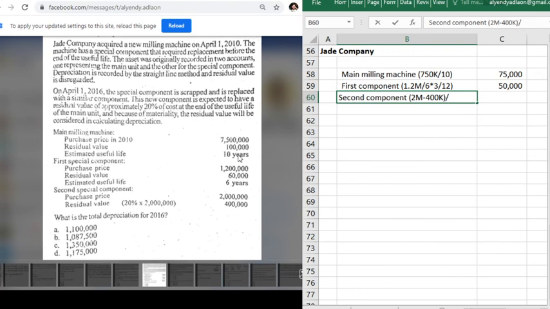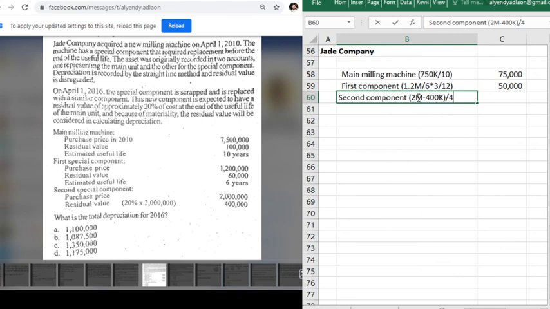So the 6 years has expired and there are 4 years left. Now take note, class, that since this component is a major part of such machine, attached to the main milling machine, without the main milling machine, this component will not be used anymore. So that's why we base its useful life on the unexpired useful life of the main milling machine. Since the estimated useful life is 10 years and 6 years have already expired, there are 4 years left for the second component.